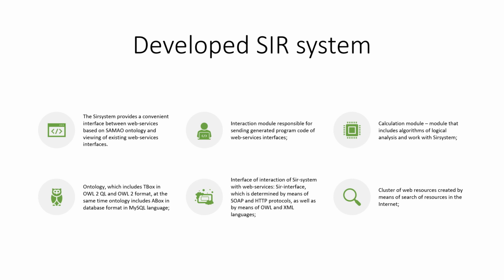This system provides a convenient interface between web service based on ontology and viewing of existing web service interfaces. This system consists of several modules: interaction module, calculation module, a test ontology, interface of interaction, and cluster of web resources.